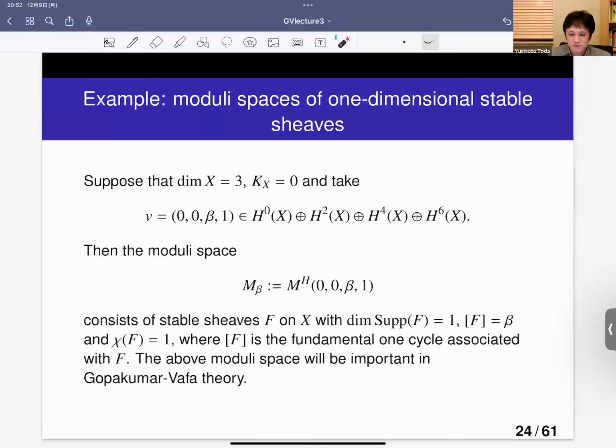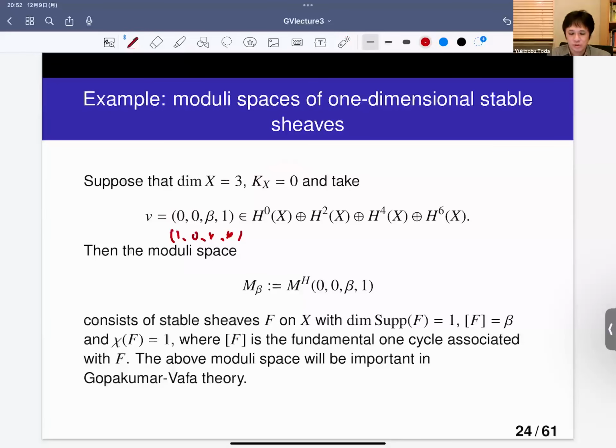Another important moduli space looks similar to the previous slide, but there are some crucial differences. Let X be three-dimensional with K_X equals 0, and also take v to be of this cohomology class. In the previous example, it was something like (1, 0, something, something), so it was rank 1. But now the first component starts from 0, so this is in fact rank 0.